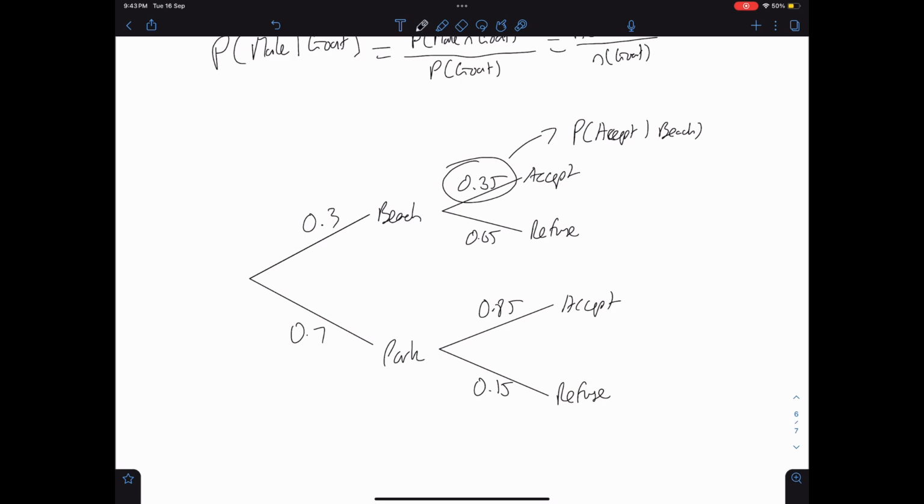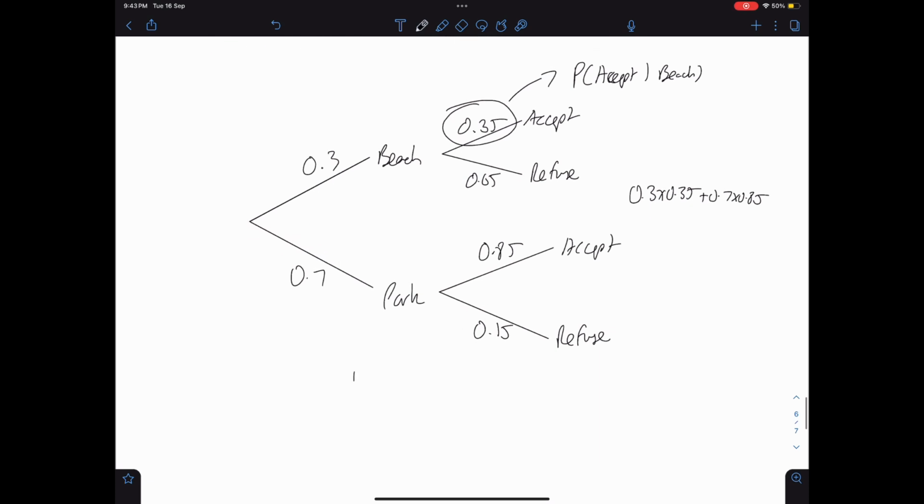And obviously you can do things like to find the total probability that it'll accept: 0.3 times 0.35 plus 0.7 times 0.85. And you could also reverse it. You could say P beach given refuse.